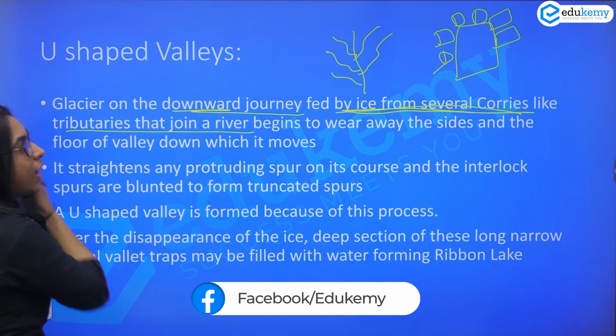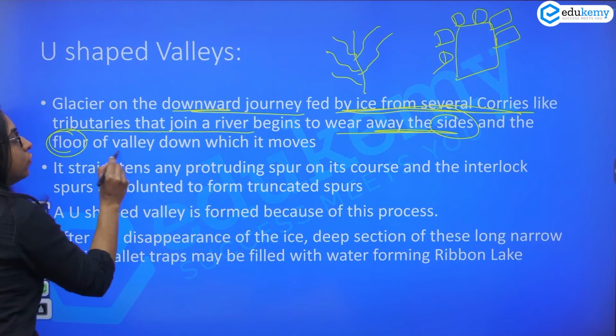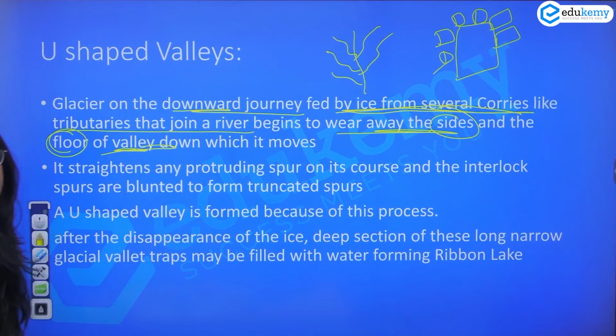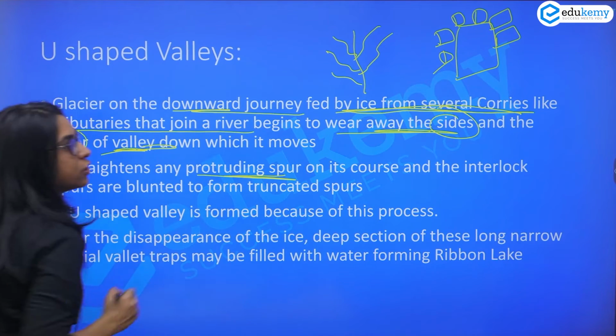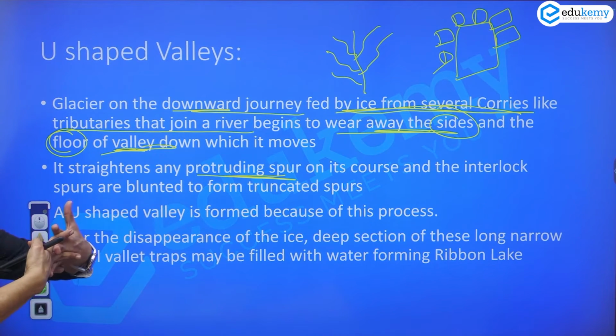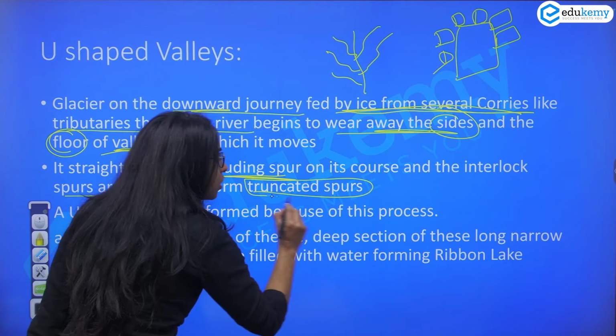They begin to wear the side as well as the floor of the valley down, and they straighten any protruding spur on their course, and interlocking spurs are blunted to form truncated spurs. Now what are these truncated spurs?